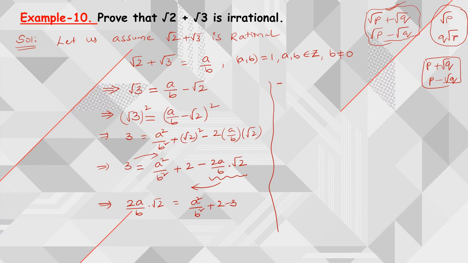Now I can write this as 2a by b into root 2 is equal to a square by b square minus 1. Now from this, 2a by b into root 2 is equal to a square minus b square by b square.